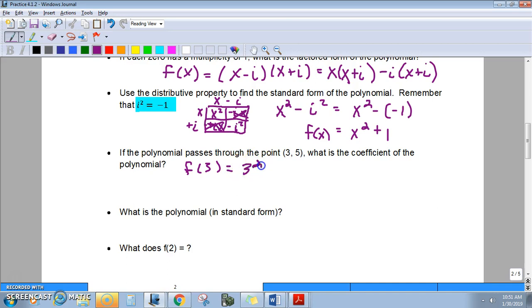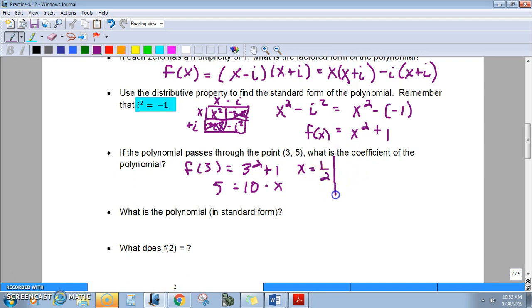I would get 3 squared plus 1, which is 9 plus 1, 10. So if I input 3, my output is 10, but I want 5. What can I multiply 10 by that will give me 5? That is half. So my coefficient is equal to half.